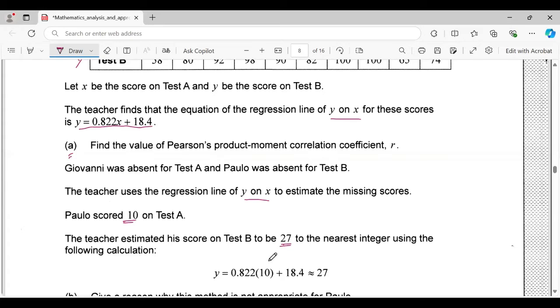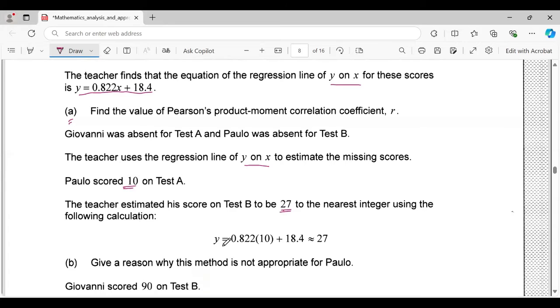And estimated by this equation, regression equation y equals 0.822x plus 18.4. Based on this equation, its result is 27, right? So it's based on this regression y on x.